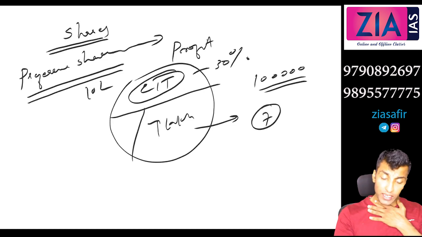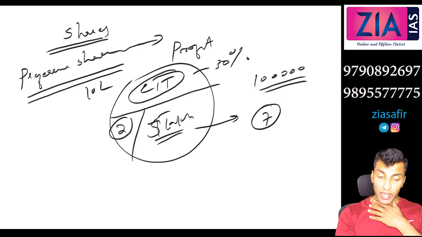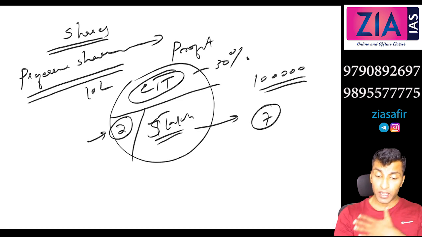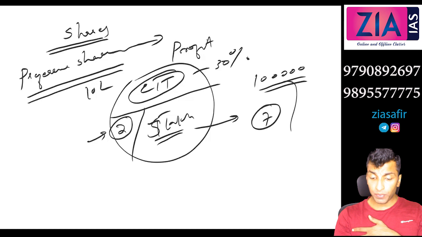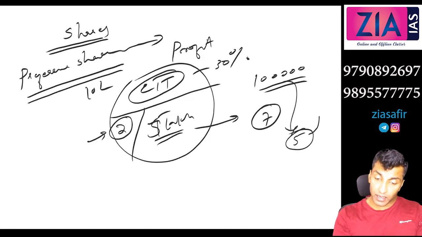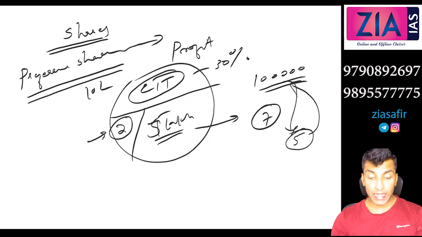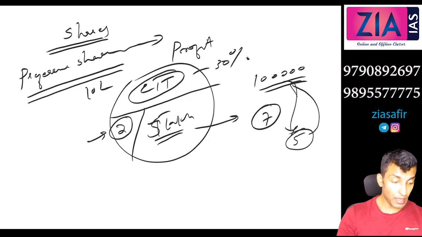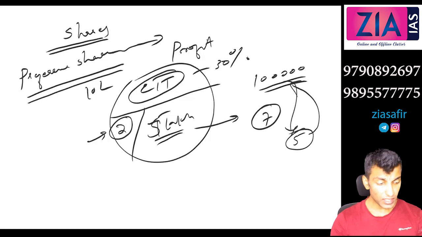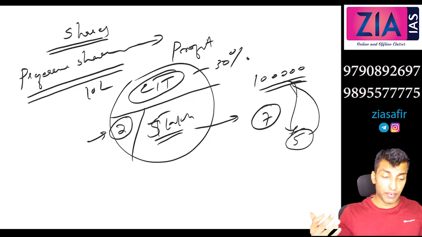Or there is a concept of undistributed profit also. You may distribute 5 lakh and reinvest 2 lakh in the company. In that context, dividend will become 5. This dividend will be for the main shareholder. But in case of preference shareholder, limited dividend will be given, not complete dividend.